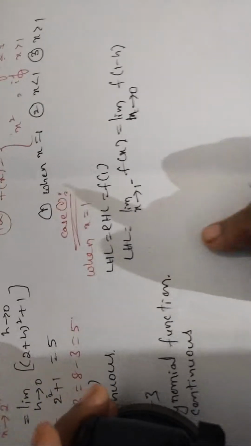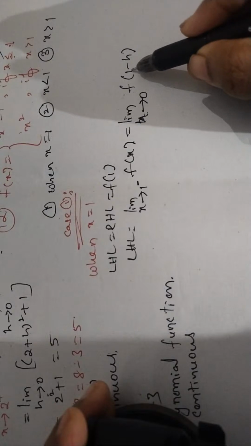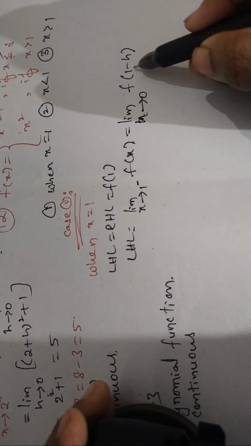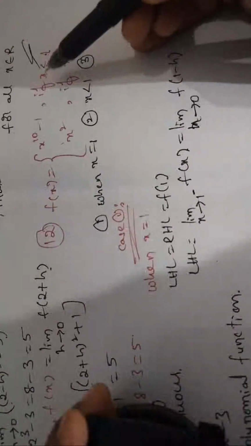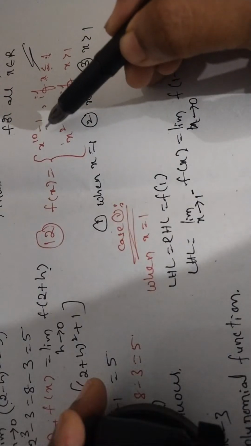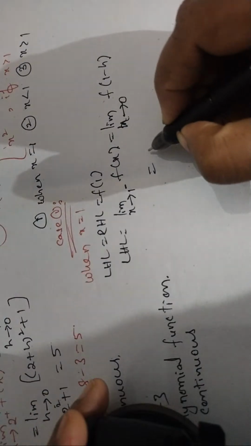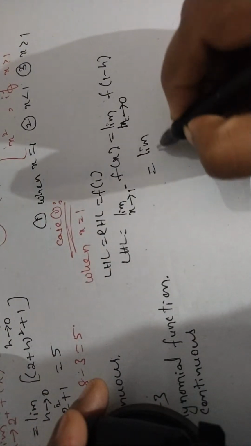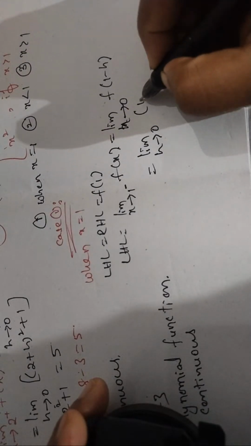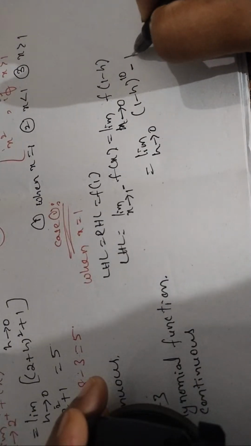Now what is the function when x is less than 1? 1 minus means less than 1. When x is less than 1, check the question: the function is x power 10 minus 1. What is x here? Here x is 1 minus h. So I will write 1 minus h whole power 10 minus 1.